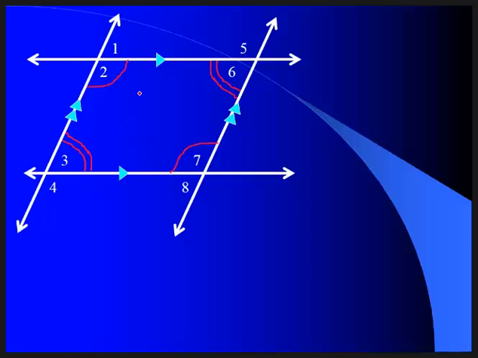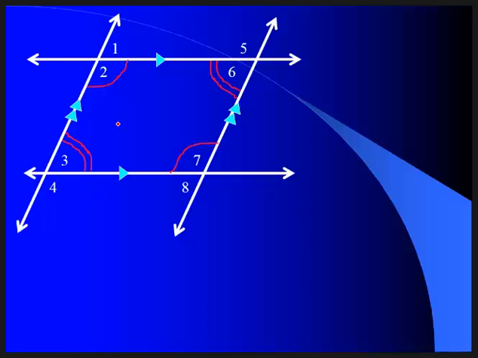So let's think back to our parallel lines in chapter 3 where we created consecutive or same side interior angles. Okay, what was the relationship there between same side or consecutive interior angles? Who remembers?